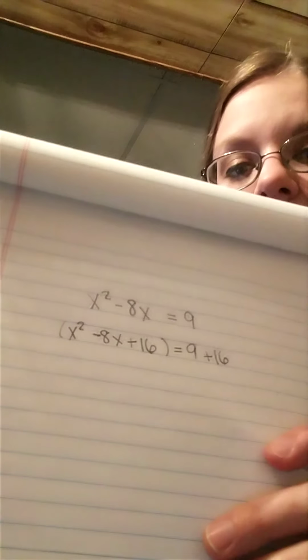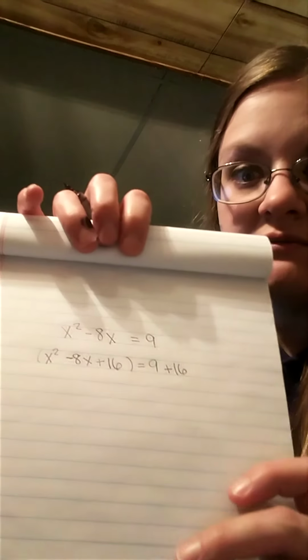If you remember how to factor that, you can use the shortcut. But if you don't, you can always think about factors of 16 that would add to give you -8. What times what is 16, and when I add them together, I get -8? The answer is -4. -4 times -4 is +16, and -4 plus -4 is -8.